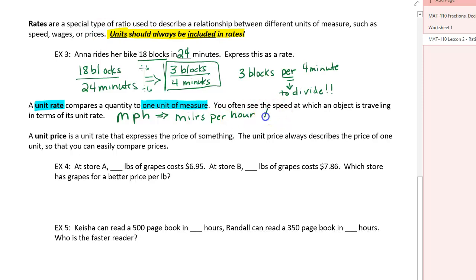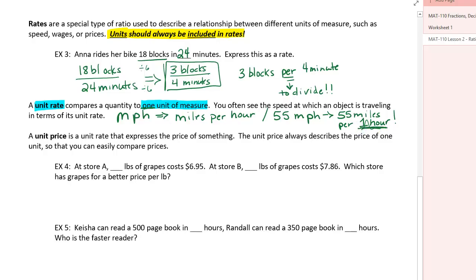So if somebody is traveling 55 miles per hour, the way to interpret that is they are going 55 miles in every 1 hour. So that would be a unit rate because it is expressing how fast this person can go in 1 unit of measure, or 1 hour.